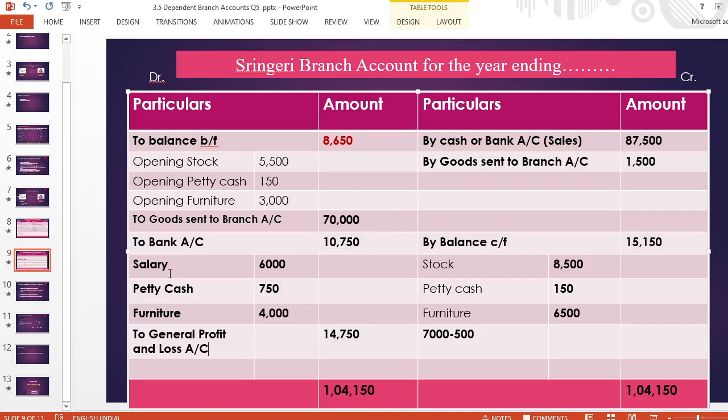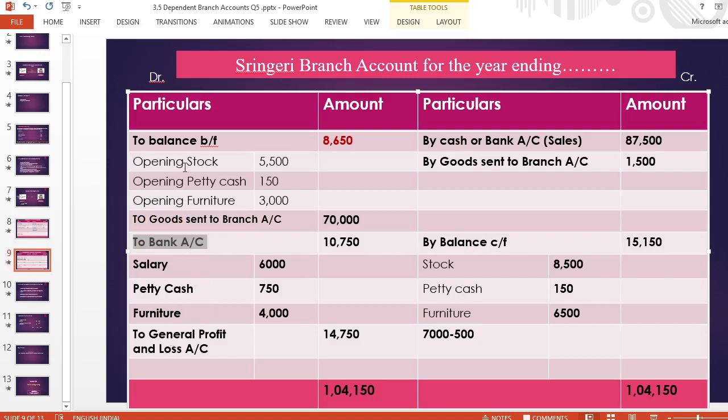So here you should be careful regarding this furniture. Furniture purchased in the middle of the year. So that should be included along with this entry to bank account, because this cash paid by the head office to the branch first, and then branch manager will make payment of these things. So in the first instance, branch will receive this cash from the head office, so it should be recorded here.